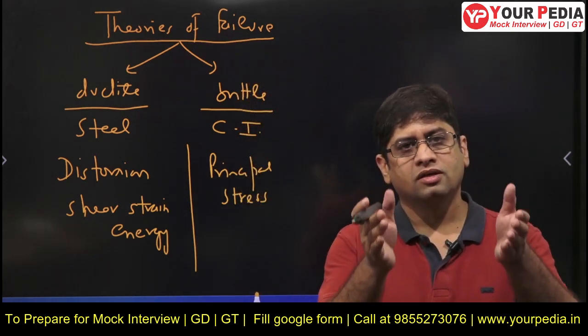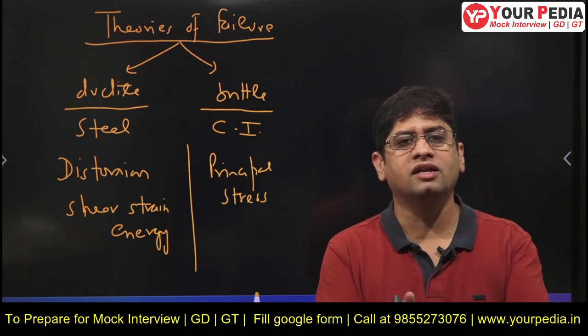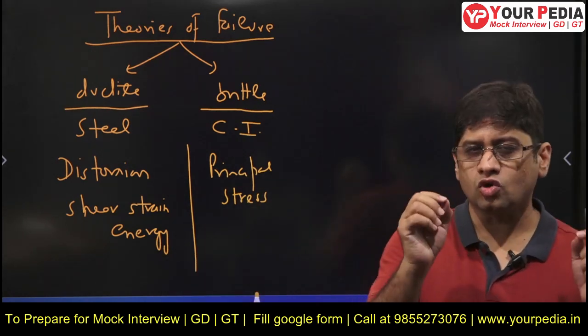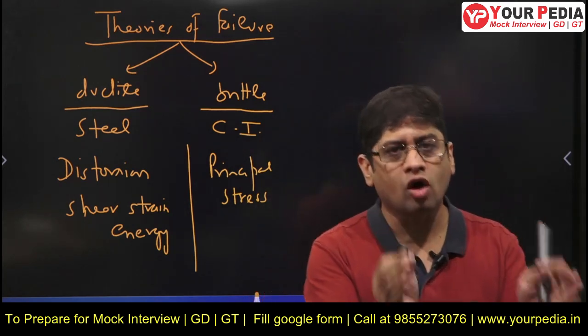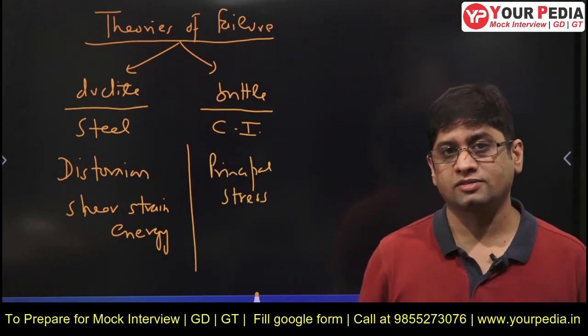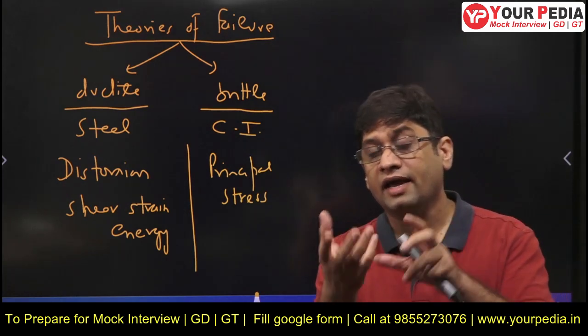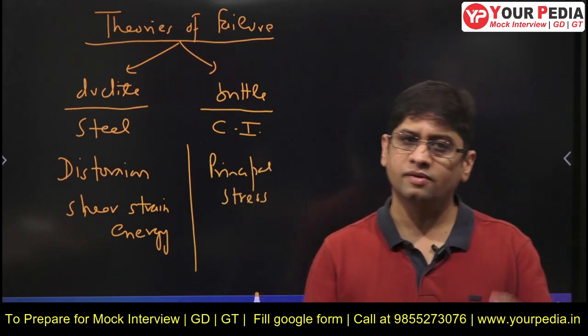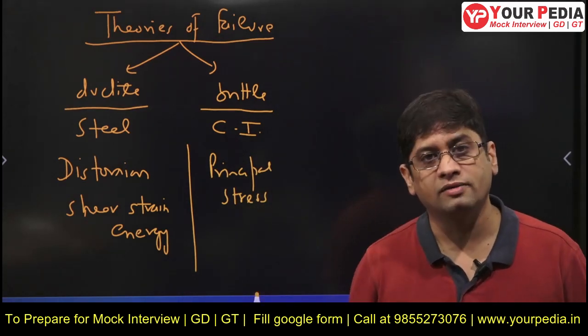Why? Because the shear strength of ductile material is lesser compared to brittle material. So ductile materials normally fail in shear mode. They fail because of shear stress. Their shear strength is less, and hence when the induced shear stress exceeds shear strength, the ductile material will fail.